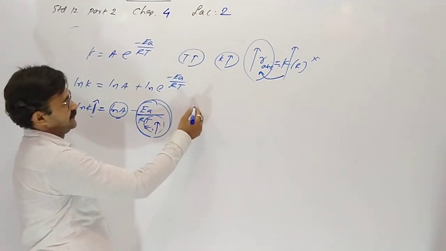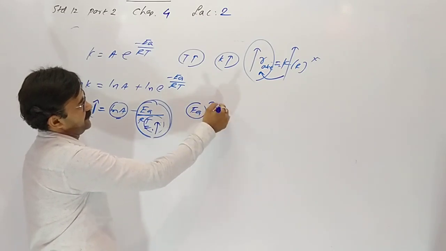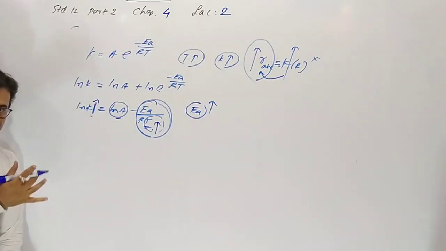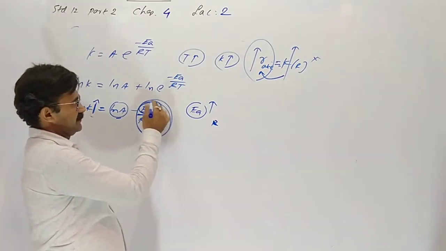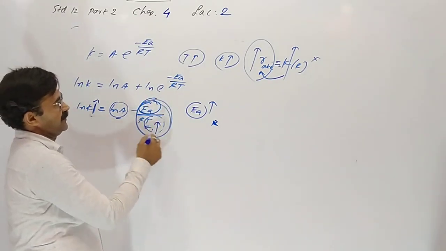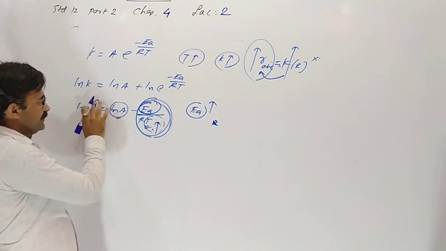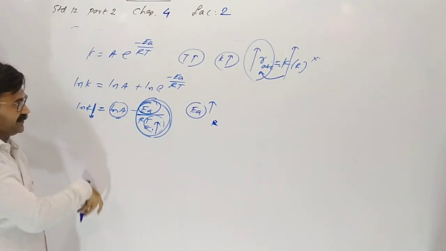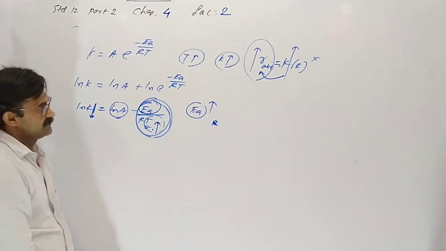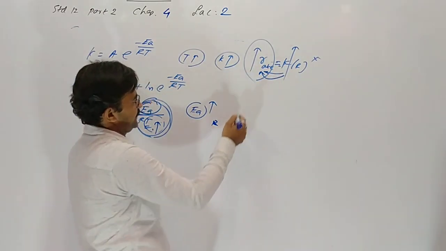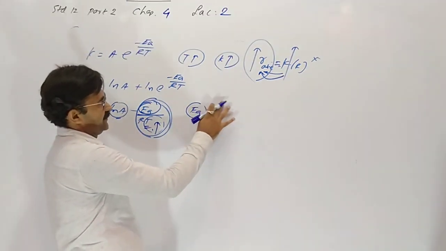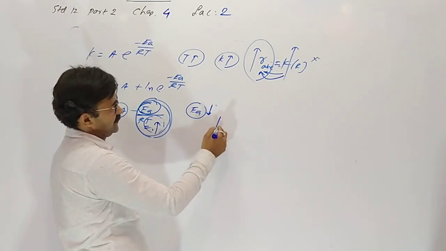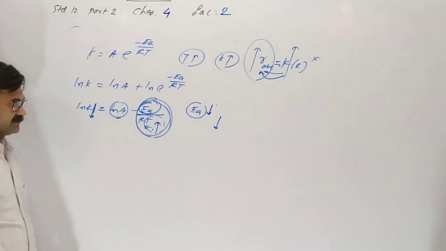Now what about Ea? Whenever the activation energy of the reactant is high, this part is the bigger part we are subtracting from ln A, so the value of K will decrease. K decreases means the rate decreases. So in a reaction, low activation energy is beneficial.